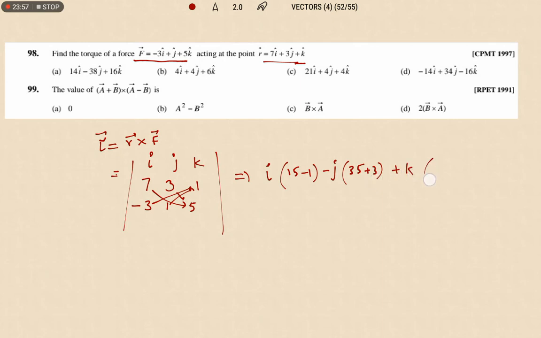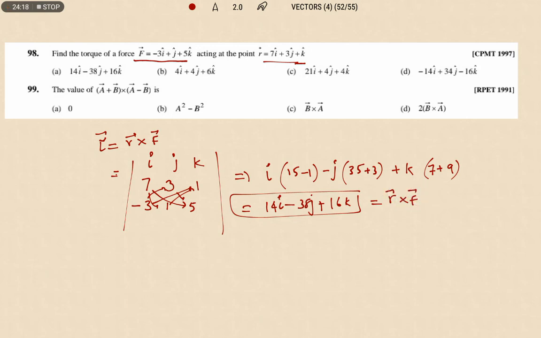Next plus k: 7 into 1 is 7, 3 into 3 is 9, minus plus. Therefore 49i minus 38j plus 16k is equal to R bar cross F bar.